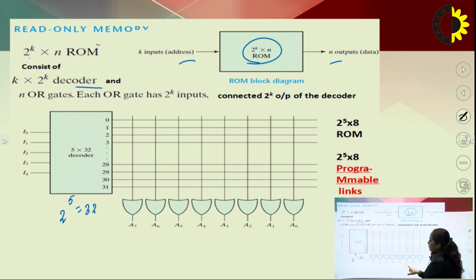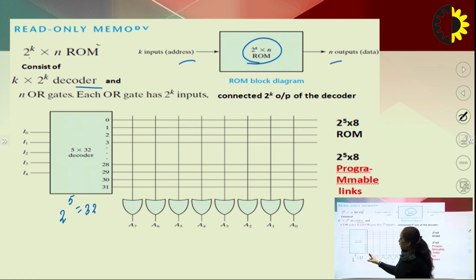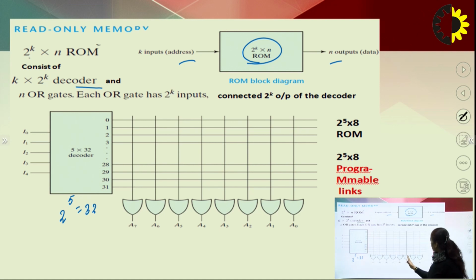We have n number of output lines, which depends on the memory size, that is how many outputs we need. So it has 8 output lines and 5 address lines.